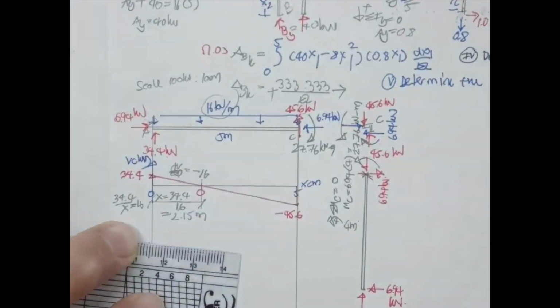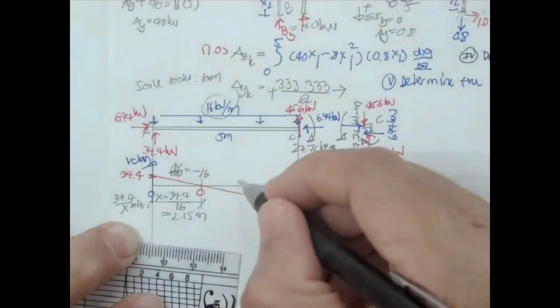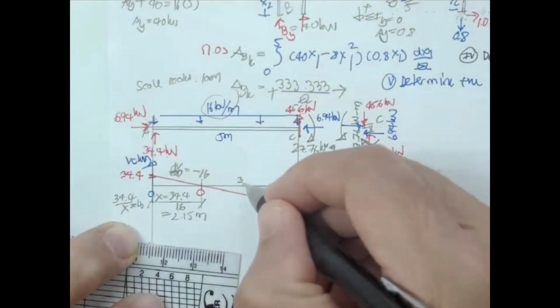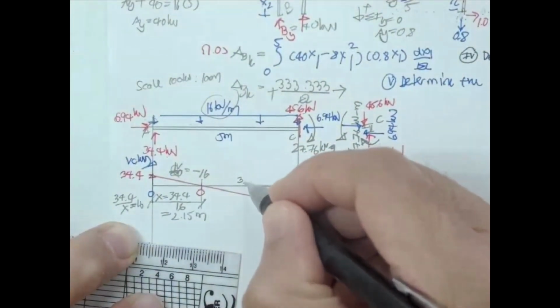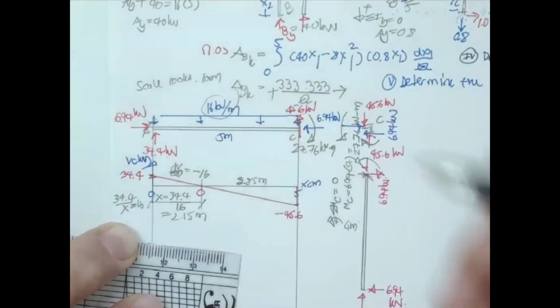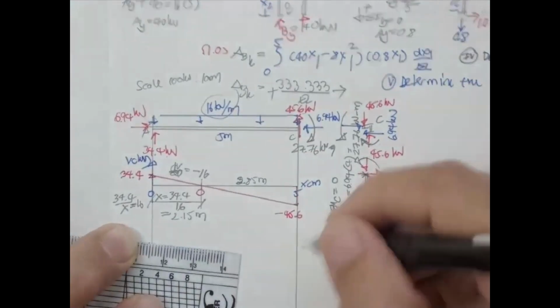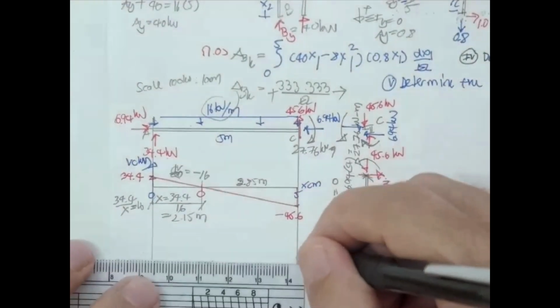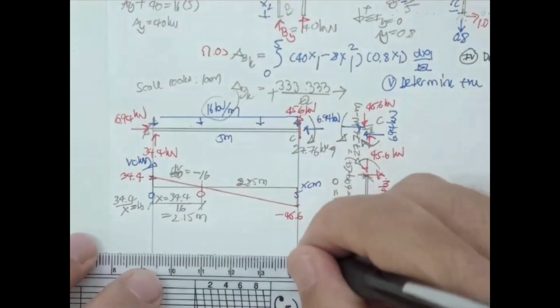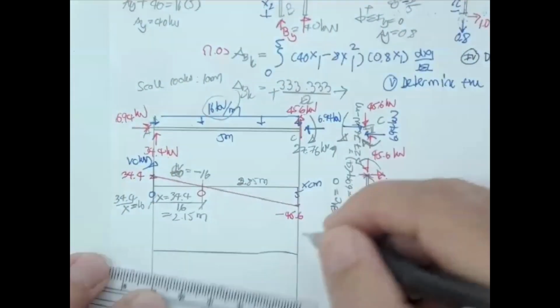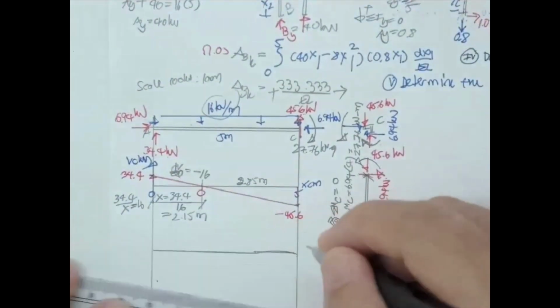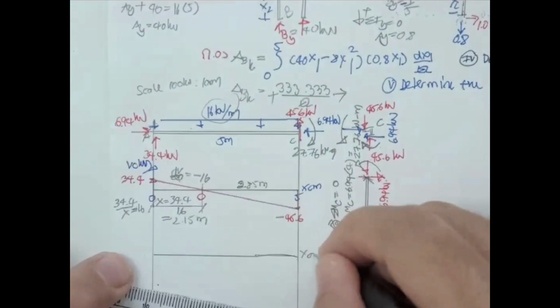When you get 2.15 meter, you will get this one to be, sorry, 2.85 meter.